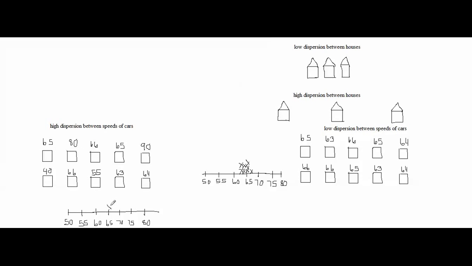That car will be right here. We have one car going 80. We have one car going 90, so we have to extend the number line out even further.